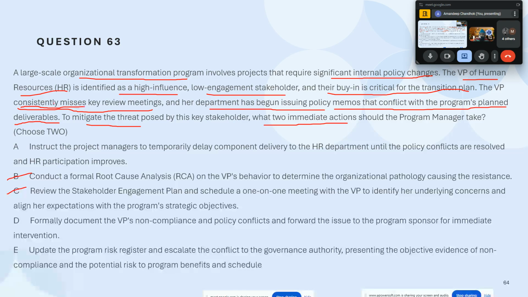So remember over here, there are certain keywords. Consistently misses. And her department has been issuing policies which are directly contradicting or conflicting with the program objectives.